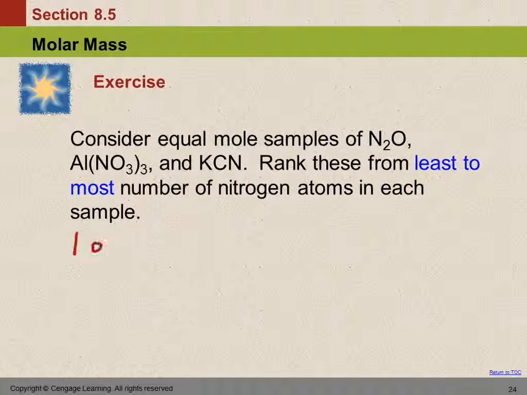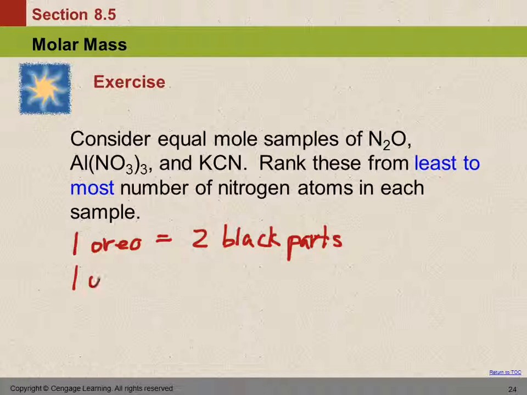So if you have one Oreo, how many cookies do you have? You have 2 black parts. We don't want to confuse the whole cookie with the 2 cookie parts. And if you have one Oreo, you have 1 piece of stuff.